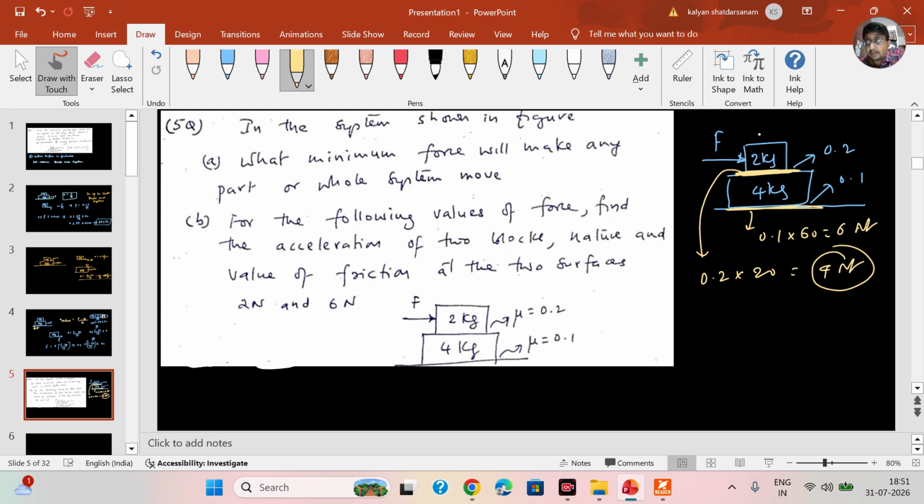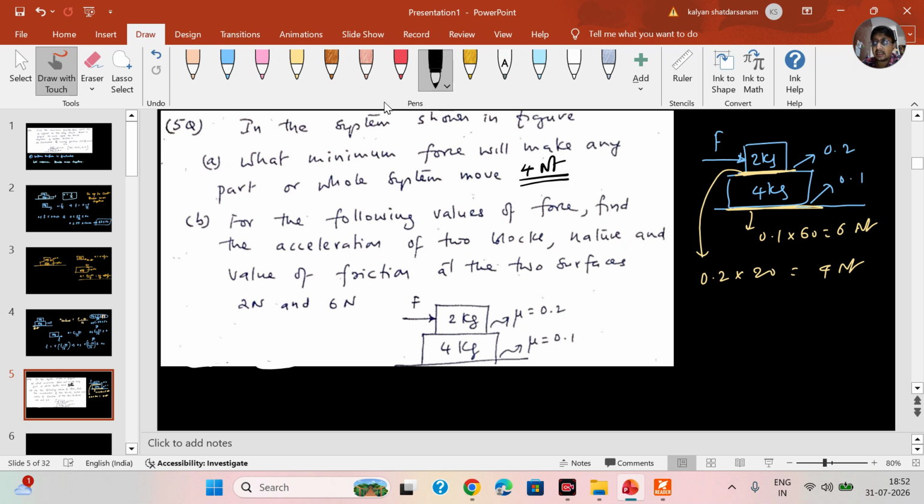If you take the combined system, this is not ready to break, it requires 6 Newton. But for 4 Newton, at least the 2 kg is ready to move separately by breaking its bond with the 4 kg. So the minimum force that will make the system move is 4 Newton. Okay, so slightly more than 4 Newton. At 4 Newton also it is ready to move, so slightly more than 4 Newton.